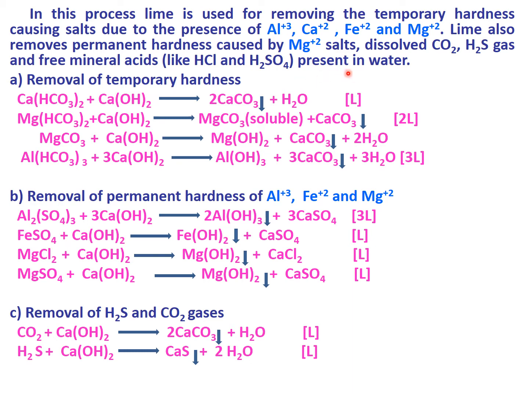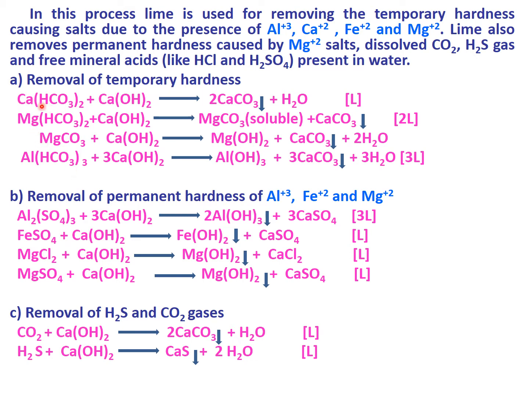So how does it react in the case of temporary hardness causing salts? We will take a few reactions to understand the concept. Suppose the hard water we are taking for purification has calcium bicarbonate, magnesium bicarbonate and aluminium bicarbonate causing temporary hardness.